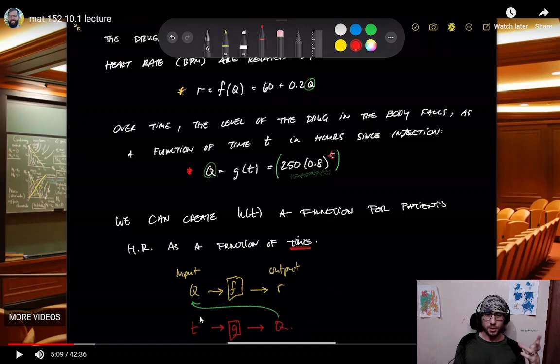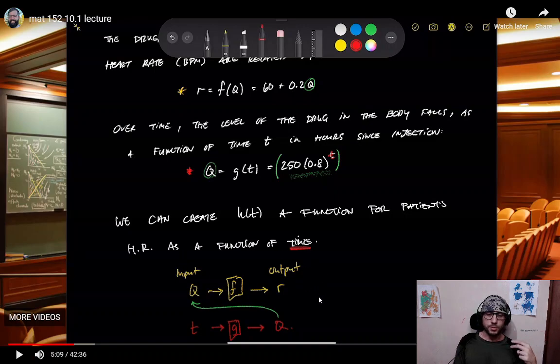That was the bigger function. But in reality, what we started with was 2 smaller functions. The 2 smaller functions were saying, hey, we have this person's heart rate based upon the quantity of a drug that's in their body.